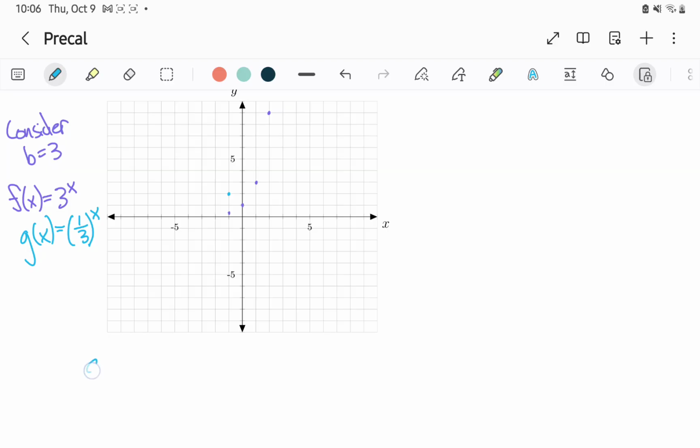And just to see that real quick, g of -1 is equal to 1/3 to the -1, which equals, whenever we have -1 as the exponent, we are just taking the reciprocal of whatever is being raised to the -1, and the reciprocal of 1/3 is just going to be 3 over 1. So this equals 3.